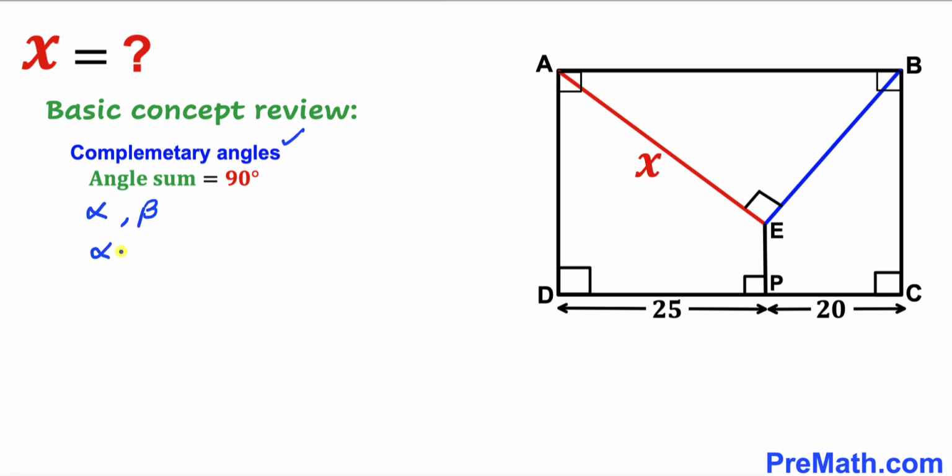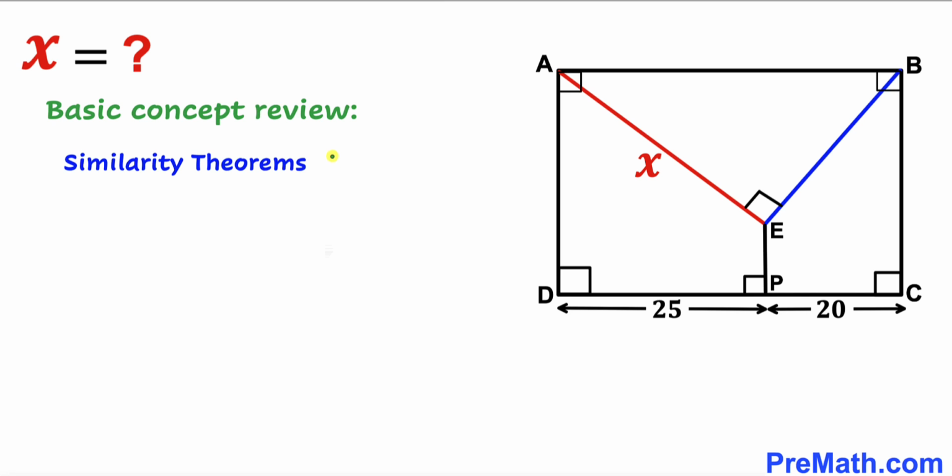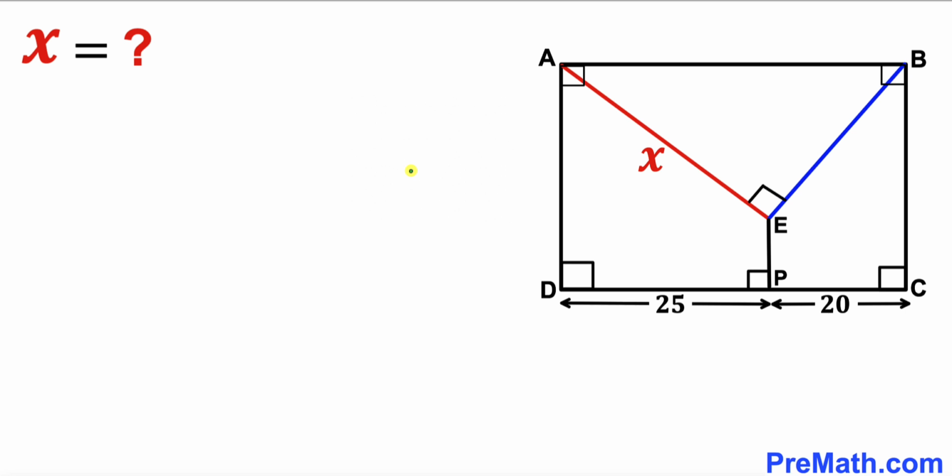Then alpha plus beta must equal 90 degrees. If angle alpha is 30 degrees, then angle beta has to be 60 degrees, since the sum must be 90 degrees. We will also be talking about the similarity theorems of triangles along with the complementary angles. Let's get started with the solution.